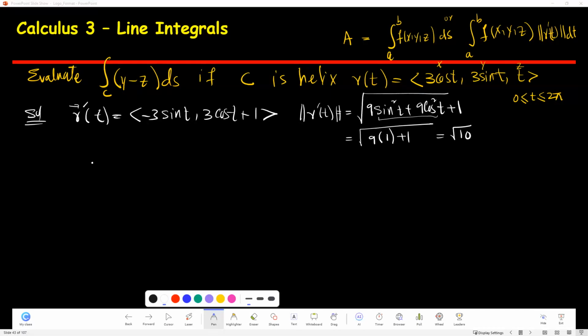Okay, now I'm going to go to my integral and write 0 to 2 pi. Then I'm going to convert my function, which is y minus z. So the y value is this, the z value is this. That is my y, that is my z. And I can just close this parenthesis and ds, the magnitude, this guy, with dt.